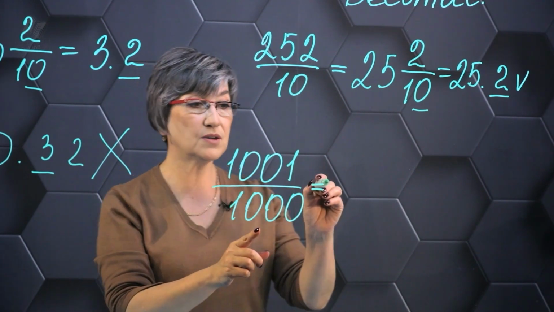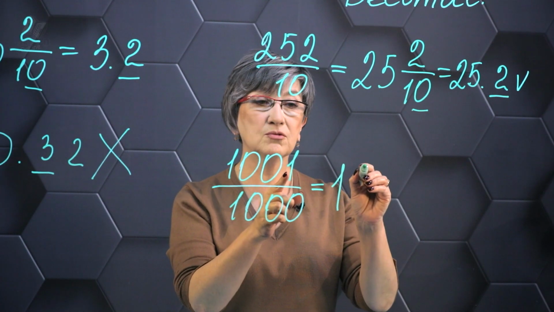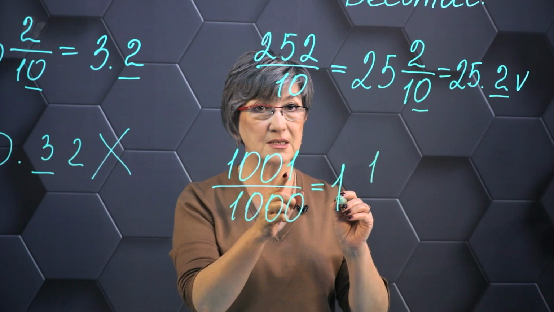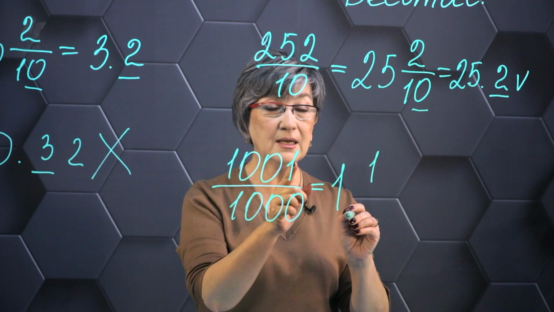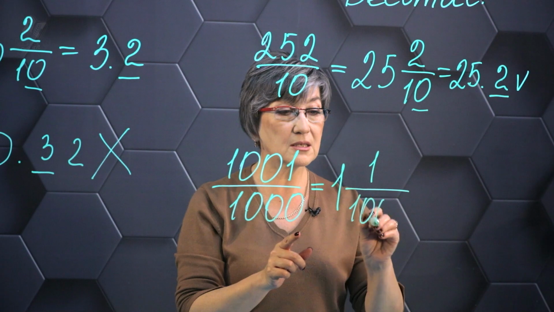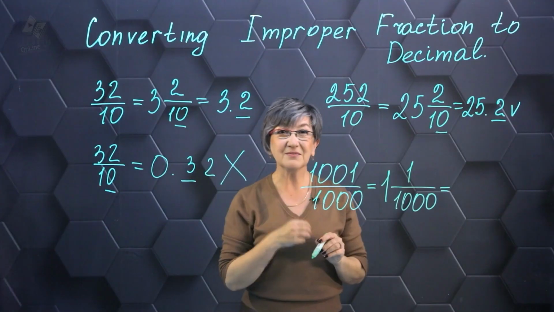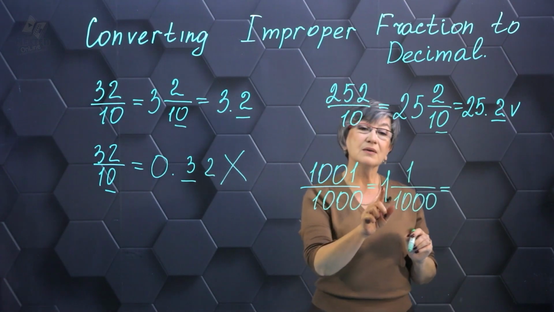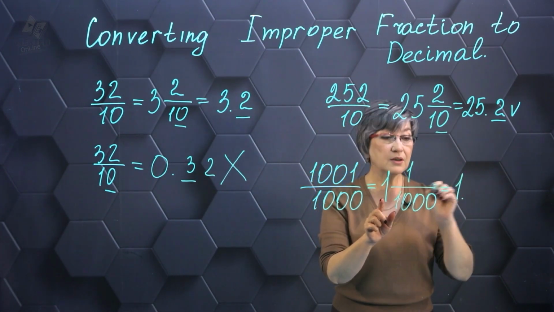1001 divided by 1000 is 1 whole. And then we have a 1 in the numerator because that's the remainder. And the denominator remains the same. Now let's put it in decimal form. We write down the whole part, that's 1 whole, and separate it with our dot.